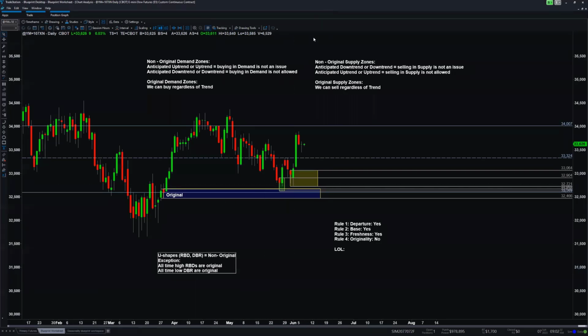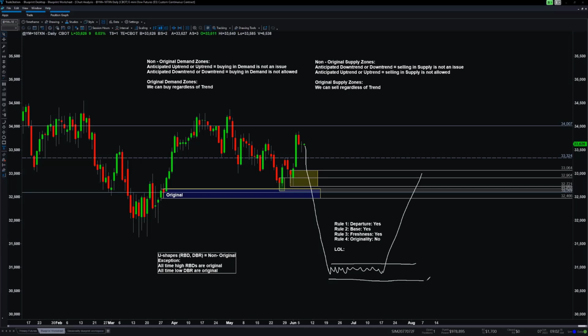And now that's also interesting because, of course, if price is gonna drop here and then gonna create demand in the process, and I'm gonna look to the left, and this is an all-time low, there's no demand to be found here, right? Because it's empty space. Then this has to be original, even though it's a U-shaped formation. So very simple. We can always just remember that U-shapes are usually non-original unless they're placed at an all-time high or at an all-time low.